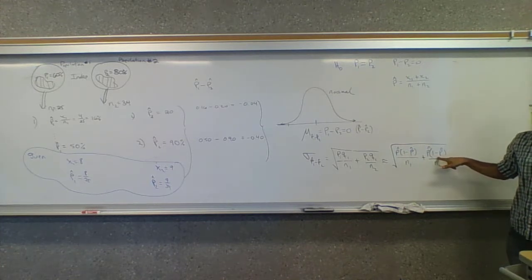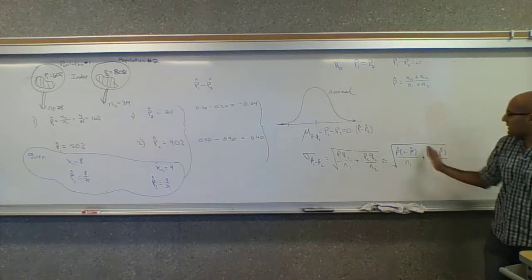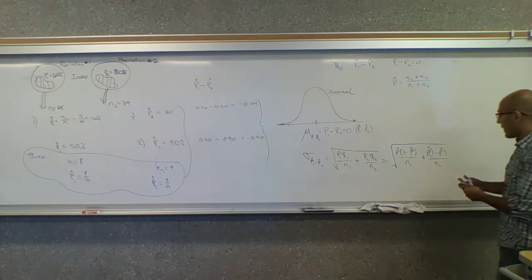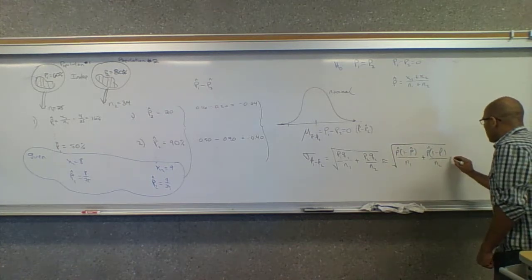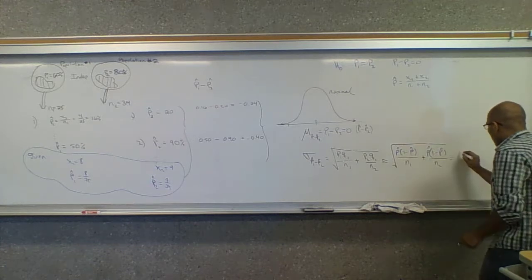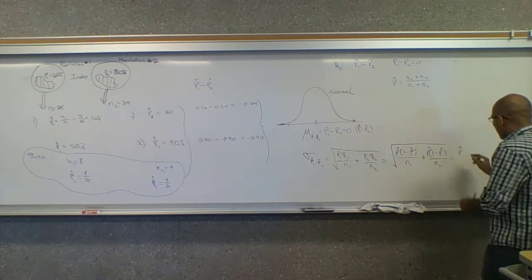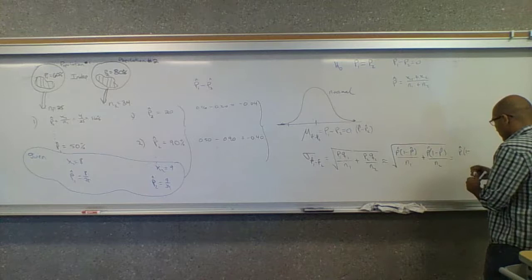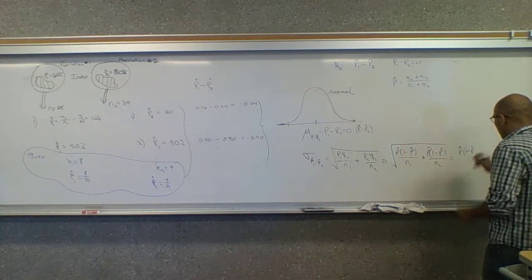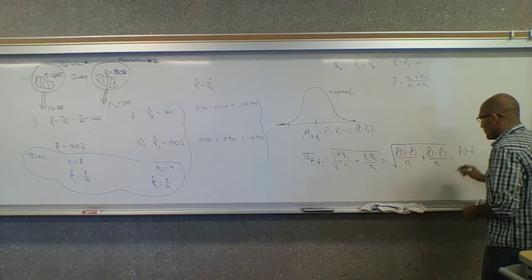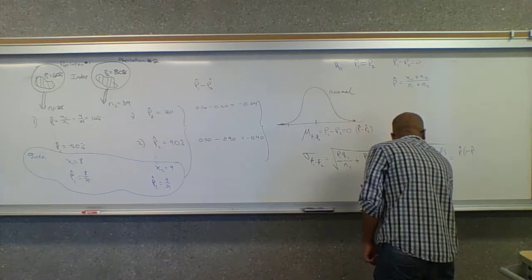So the formula that you run into just kind of pulls it off to the side and writes it as a separate value. So this is equal to p hat times 1 minus p hat, inside a root. In fact, I better write it over here. I think I'm running out of space here.